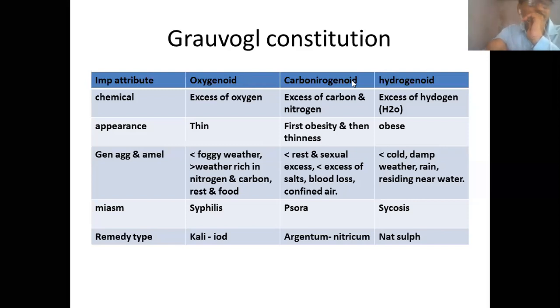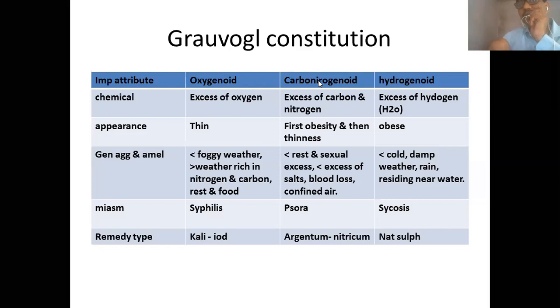Then the second type of constitution is the carbonitrogenoid type of constitution. I think there is a spelling mistake: carbo-nitrogenoid. As the name itself suggests, it has carbon and nitrogen.